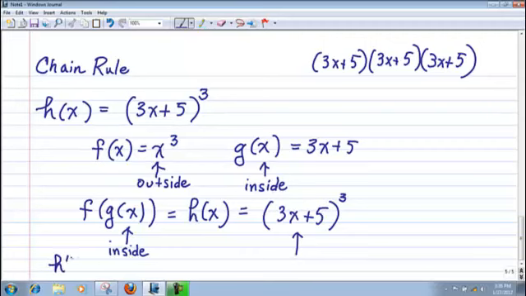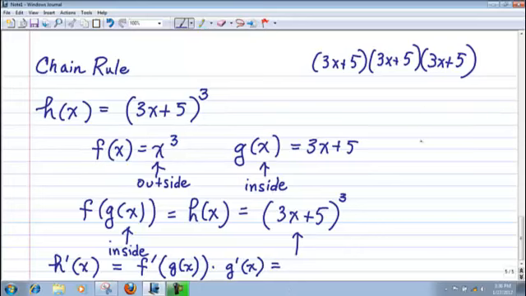The chain rule will allow me to take the derivative of h of x, so h prime of x, using f of x and g of x. And we'll define h prime as the derivative of f, so f prime evaluated at g of x, multiplied by g prime of x.